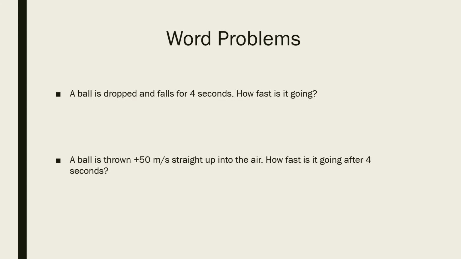A ball is dropped for 4 seconds. How fast is it going? Dropped. Free fall. Free fall equations. It doesn't say Earth, but we assume A equals negative 9.8.